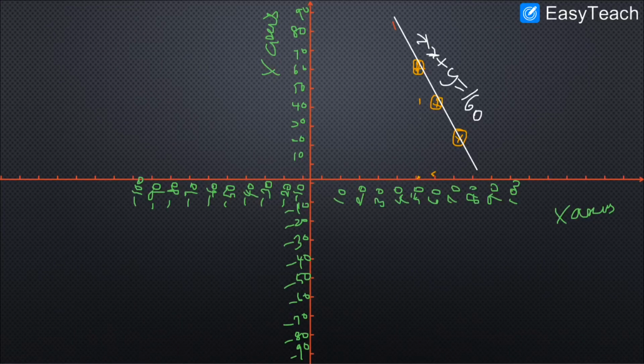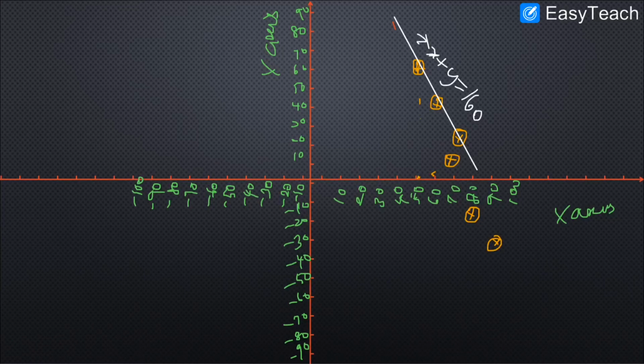For the next equation, I am going to plot the graph. The first point is 70, 10, which means x coordinate 70, y coordinate 10, which is here, and 80, minus 10, x coordinate 80, y coordinate minus 10, which is here, and 90, minus 30, x coordinate 90, y coordinate minus 30.